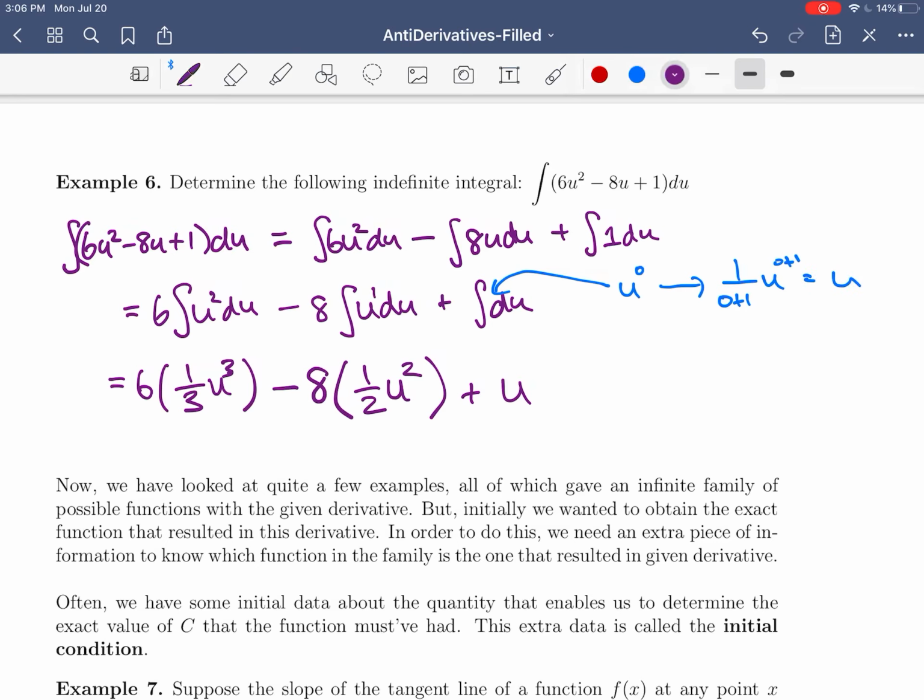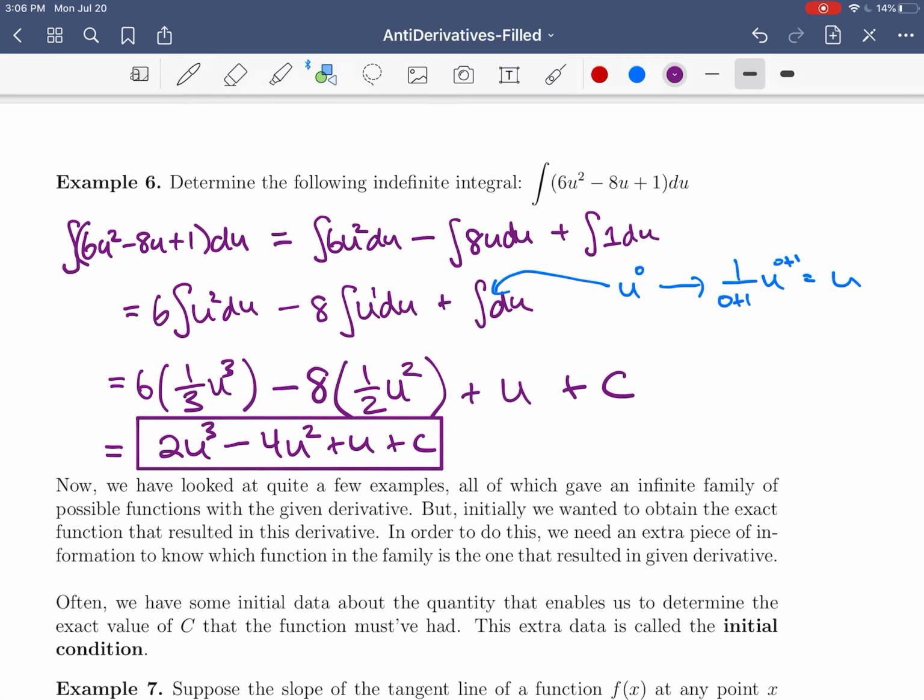Then I have my plus c. Simplifying, I get 2u cubed minus 4u squared plus u plus c. This is my family of antiderivatives that have derivative 6u squared minus 8u plus 1.